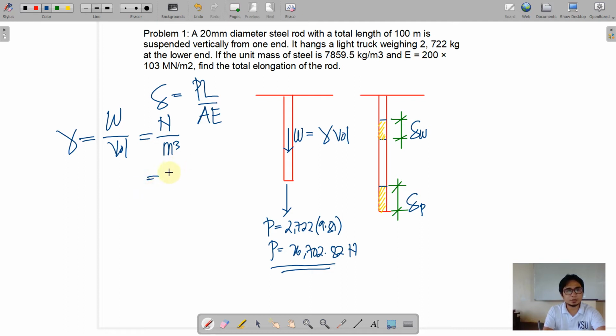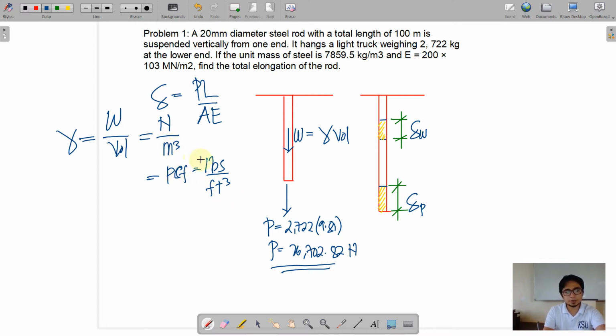In English system, we have this to be pounds per cubic feet, PCF.